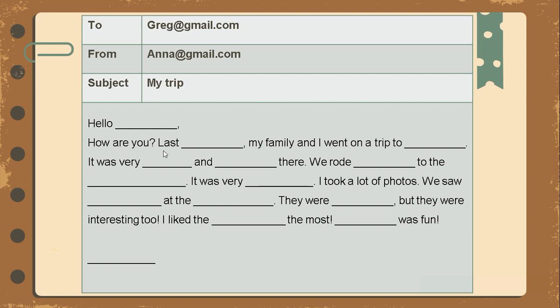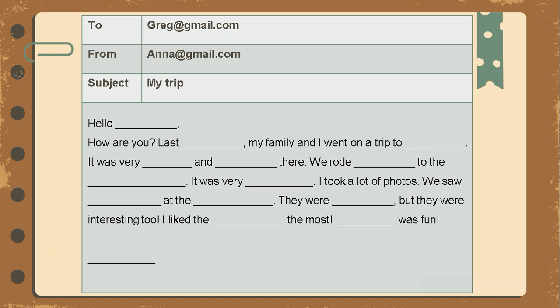How are you? Last blank, my family and I went on a trip to blank. So for this one, you can write either month or week. And for this one, the name of the place that you went. Alright? Next one, it was very blank and blank there. For these two, you may put the weather of the place you went.